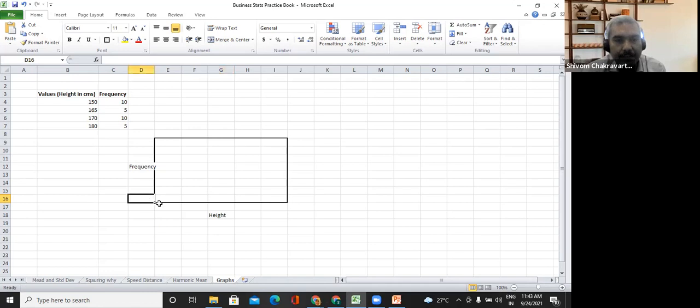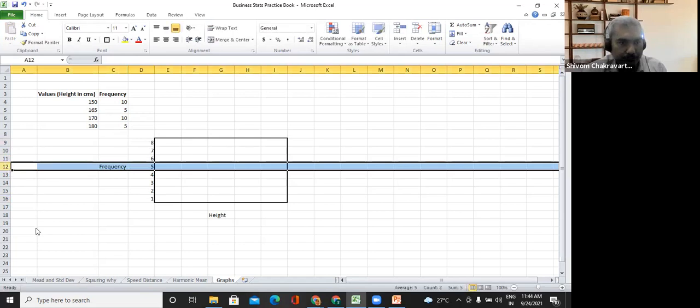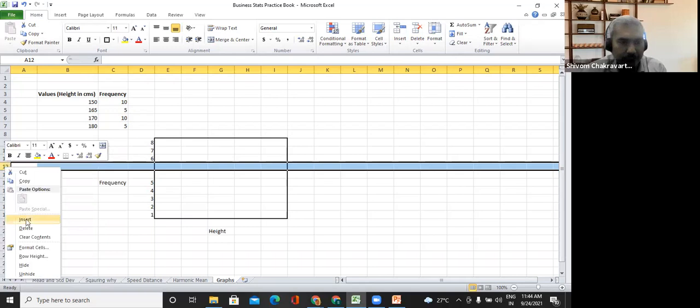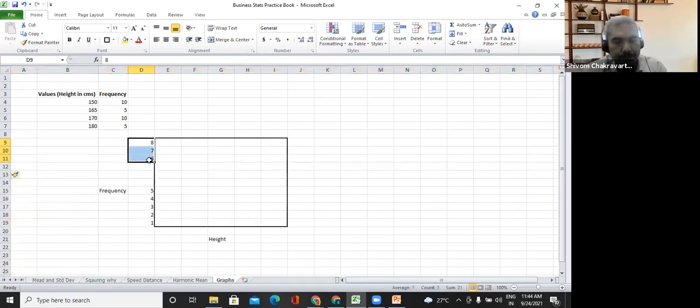Here we can write the frequency. Because there are fewer values, we can actually write 1, 2, 3, 4, and the name of the axis, frequency, then 6, 7, 8, 9, 10, and let us keep one more, 11, so that it looks good.